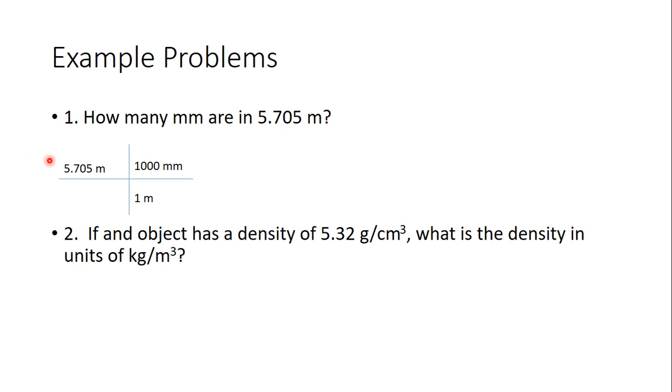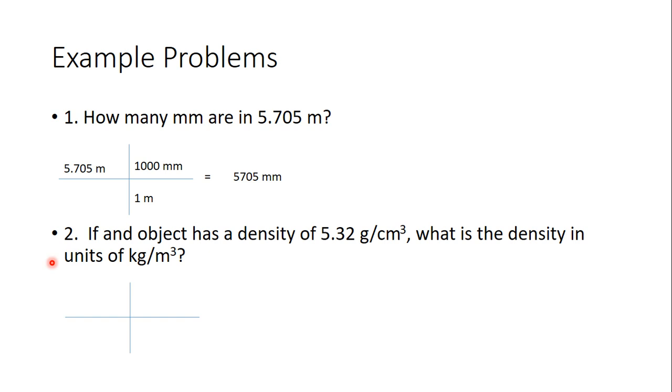Okay, so what we're going to do is we're going to multiply the top together, divided by 1. And notice what our units will be. Meters divided by meters cancel out, so our units is millimeters, and we get 5,705 millimeters.